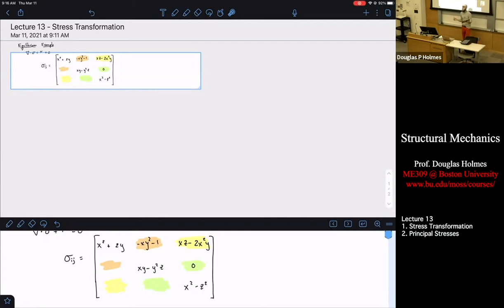But we don't need to concern ourselves too much with that, because what we know is that equilibrium is dictated by the divergence of this mathematical object.